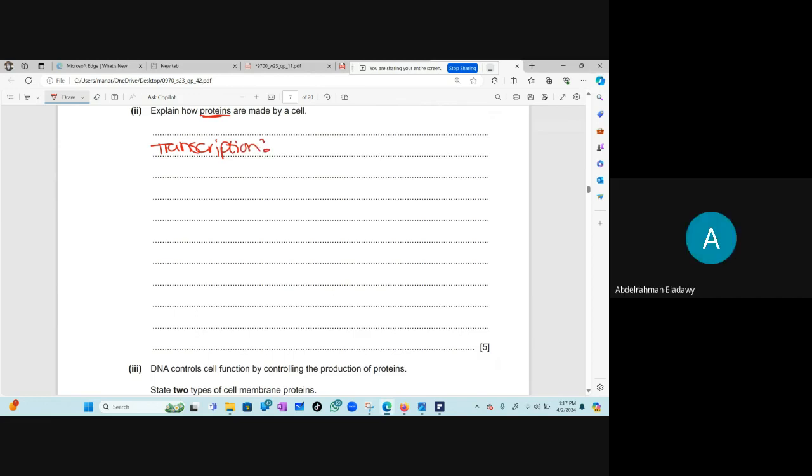The messenger RNA copies a part of the DNA. Very good. The DNA is copied onto a messenger RNA. Please say that the DNA does not leave the nucleus because it's too big. This is what you will write about transcription. Not all the DNA, only the part of the DNA that codes for the gene that we want.